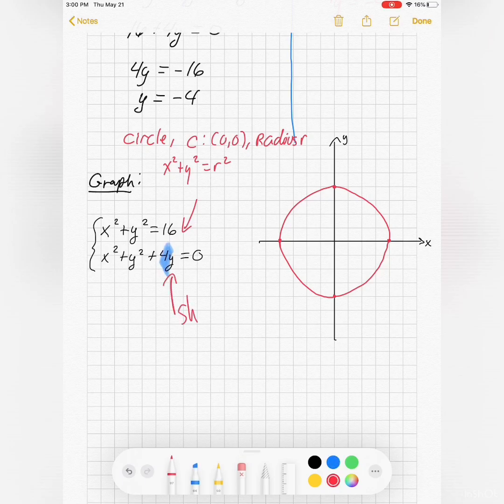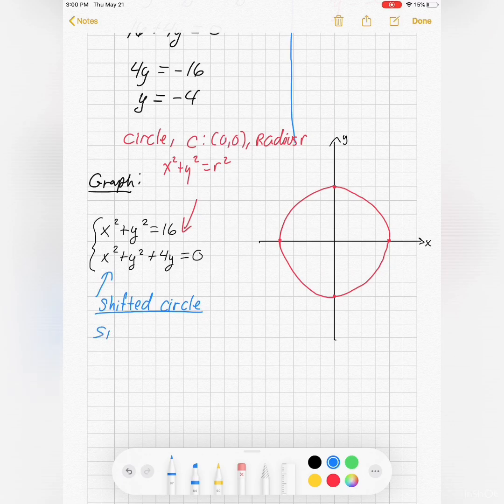This shifts the circle. So this is a circle, but it's no longer centered at the origin. Okay? So this guy is a shifted circle.